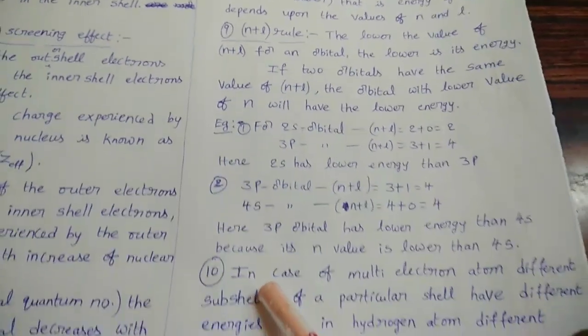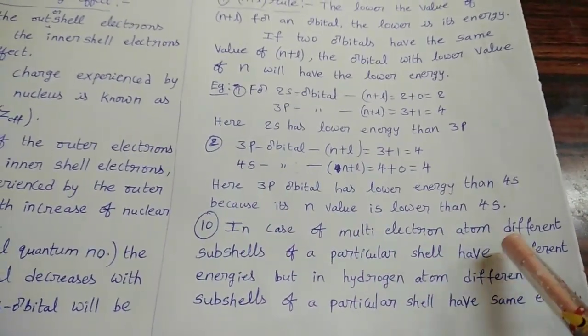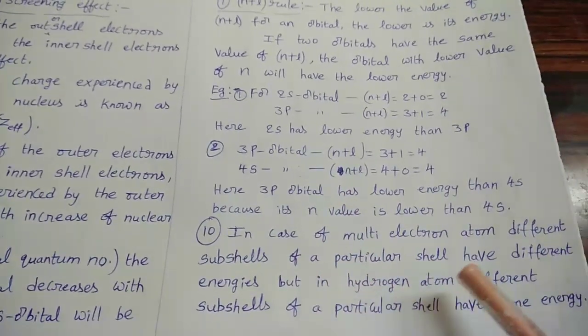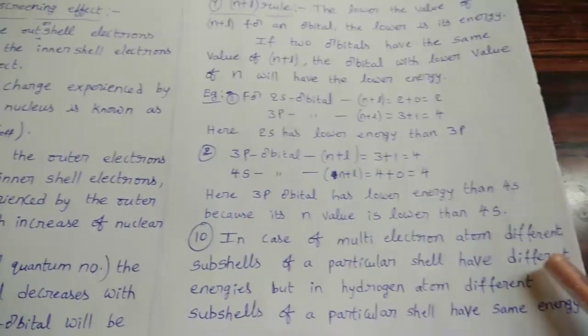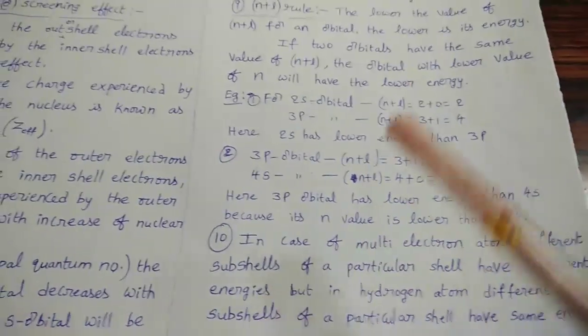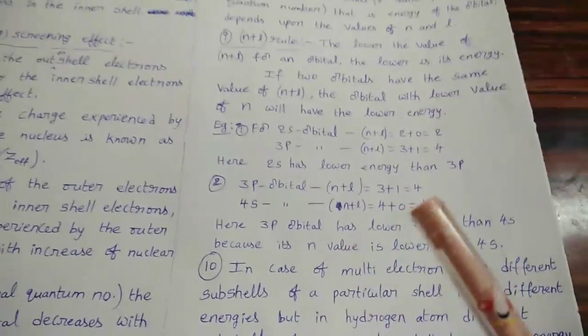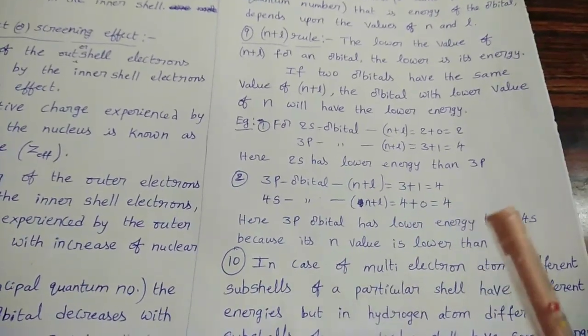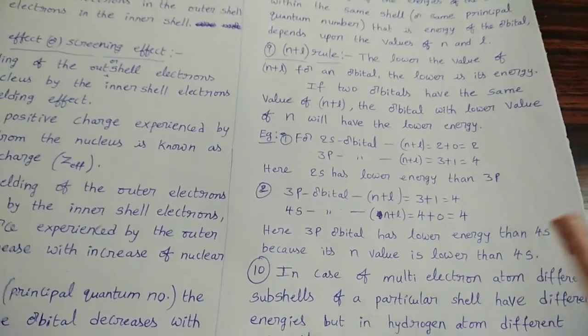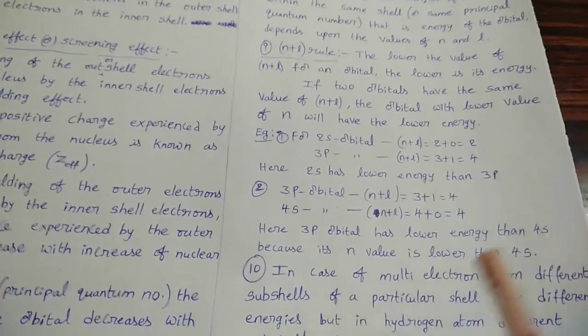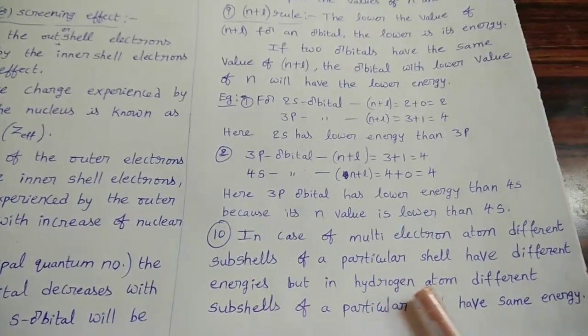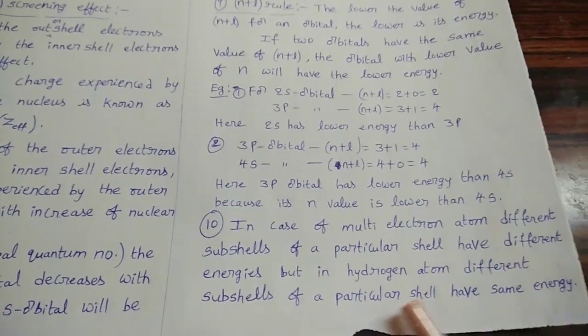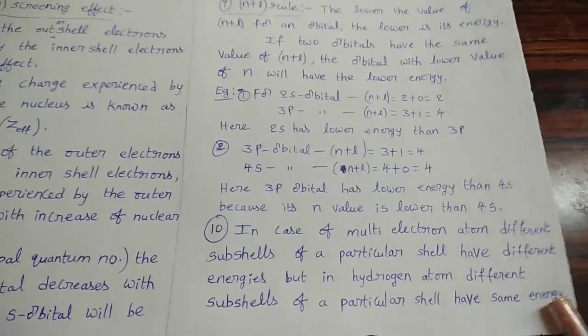Okay. Next, in case of multi-electron atom, different subshells of a particular shell have different energies. Already we completed that point. In the same principal quantum number in a multi-electron atom, if we consider different subshells, they have different energies. But in hydrogen atom, different subshells of a particular shell have the same energy.